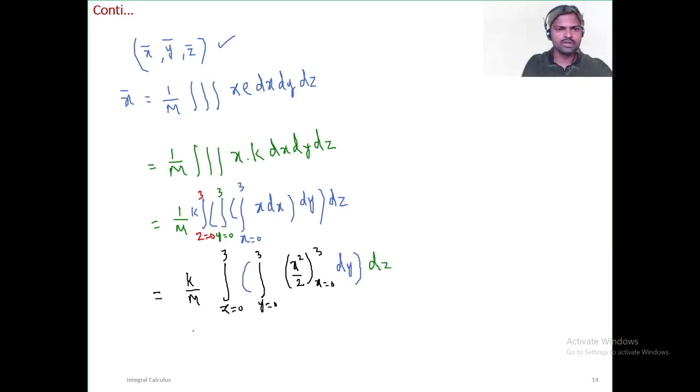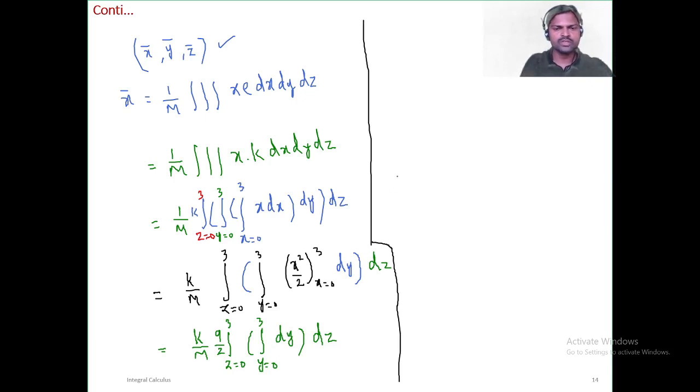So now this will be k over m, integration z from 0 to 3, and y from 0 to 3, and if you substitute the limits, 9 by 2, I am writing outside, so here dy, after that dz.